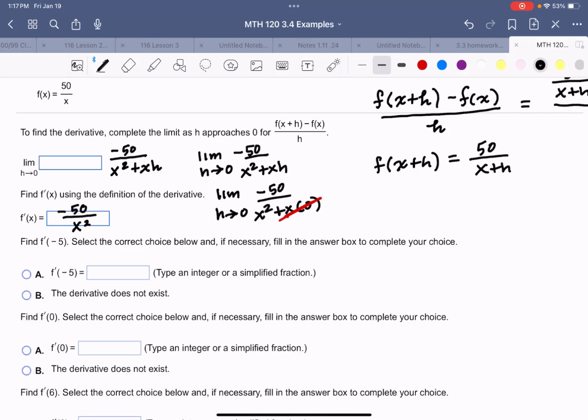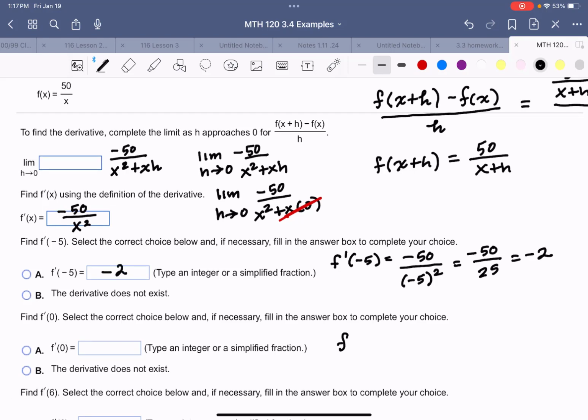So to evaluate the derivative at negative 5, negative 50 over, in parentheses, negative 5 squared. Whenever you substitute a variable expression or a negative, always include it in parentheses. That's going to be negative 50 divided by 25, so that's a negative 2.